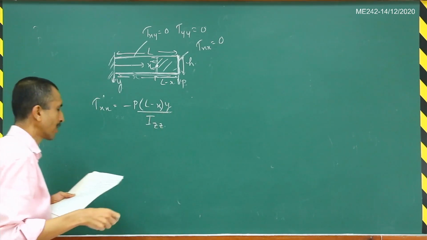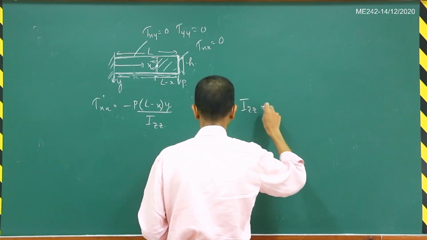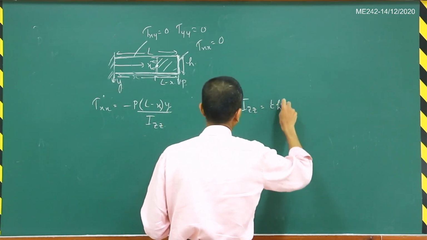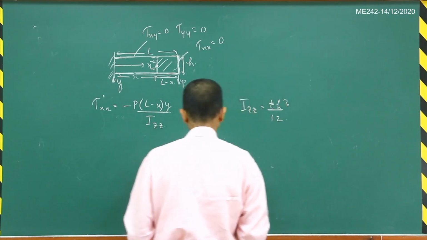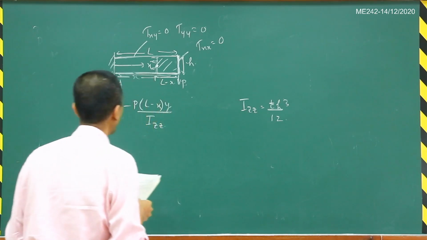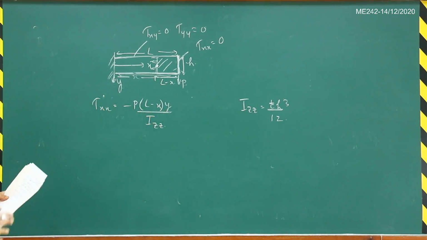It will come out as this particular formula. I zz is nothing but your moment of inertia, which is t h cubed by 12. So this formula is exactly matching your strength of material solution.